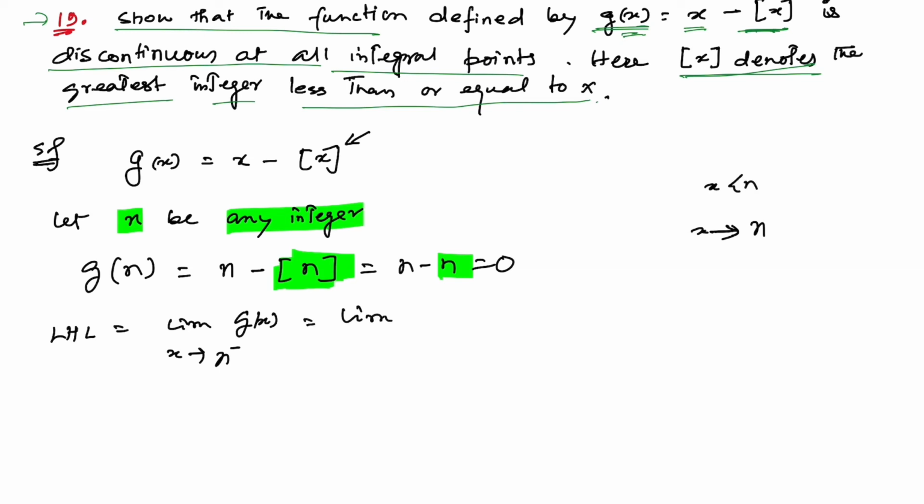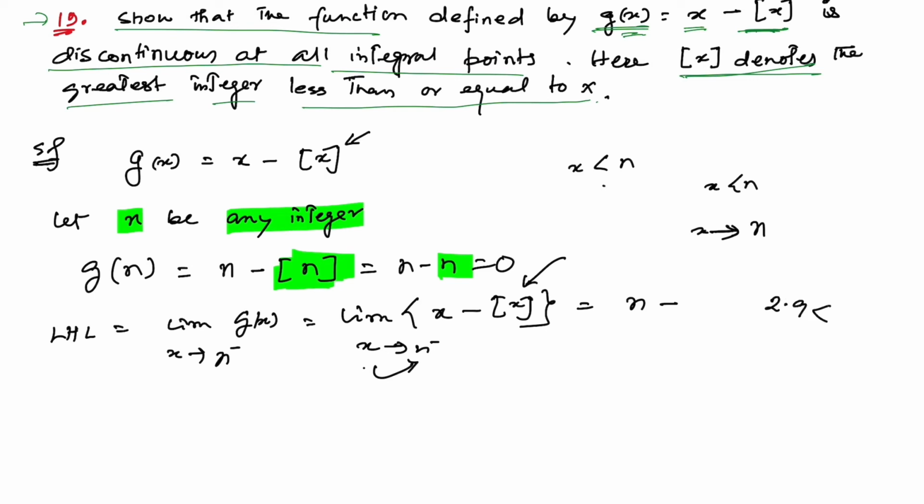In that case, what will happen? Limit of x minus the greatest integer function of x as x tends to n negative: if you replace x by n, you will get n minus the greatest integer function. Now x is not exactly equal to n. It is very close to n, but it is less than n.